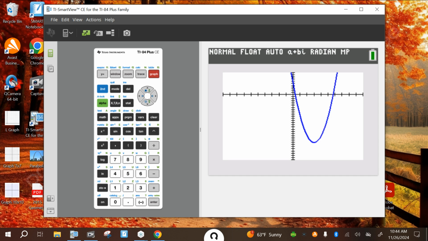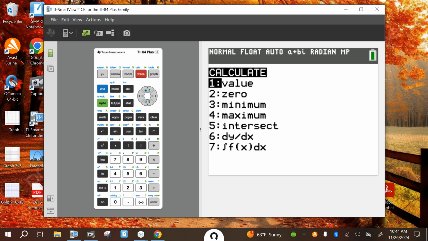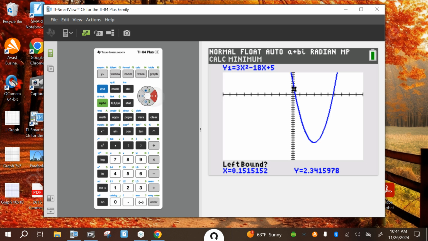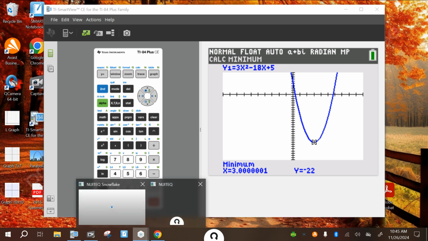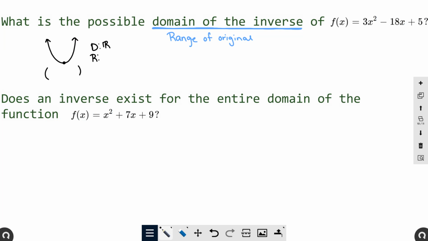Now do we see the vertex? Yes. Let's find it. How do we find it? Second trace, minimum, and go left bound and right bound. So the vertex is 3, negative 22.